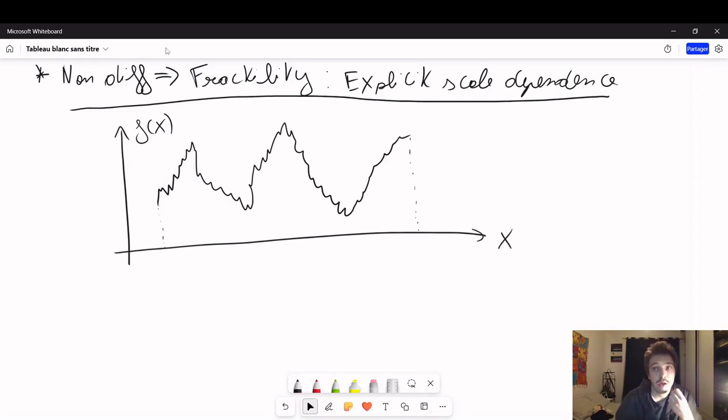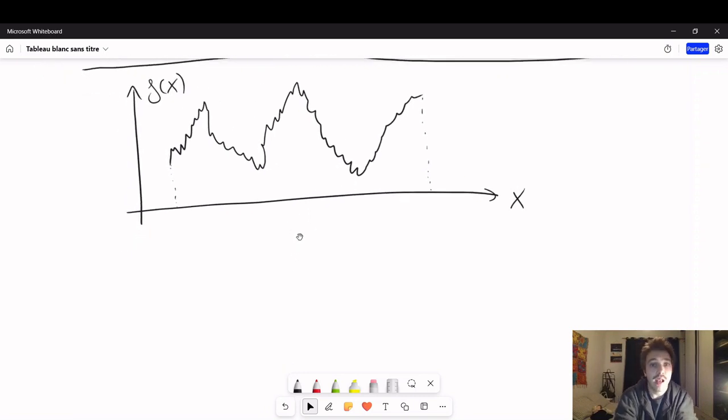Let's try to see if we can still define a concept of a length, some kind of intermediate concept. Let's see if we can define the concept of the length measured at a given scale. Let's see what it means. So let's write down this coordinate xa, and this coordinate xb, as being the x coordinates of the point A and point B on this curve.